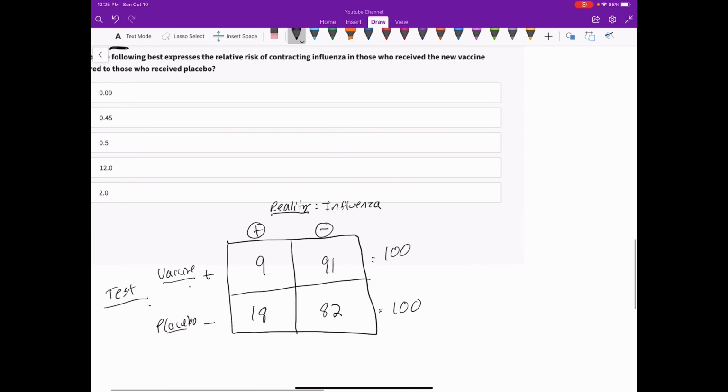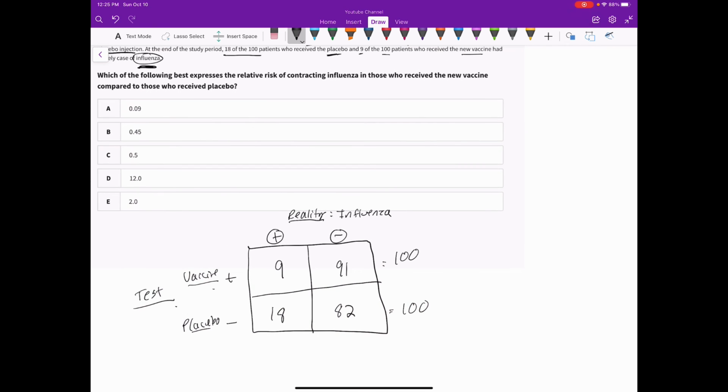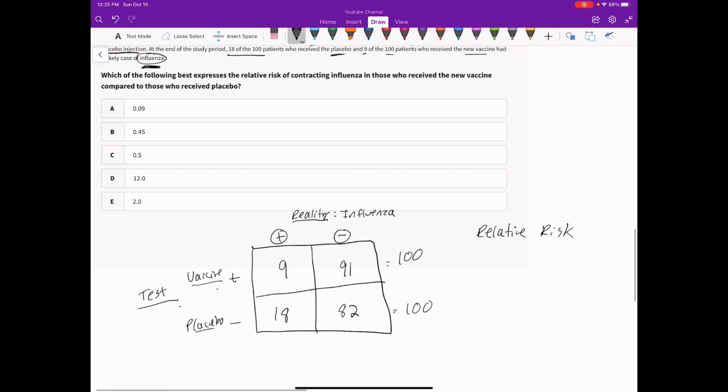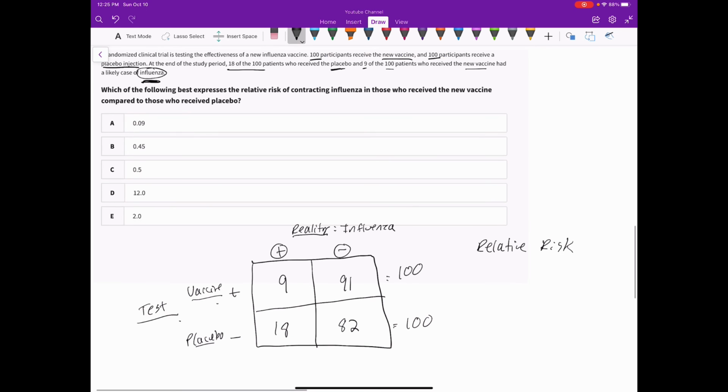Okay, so now we have our box made, right? Well, they asked us for the relative risk. So what is relative risk? How do we know it's a relative risk? Because they're testing between future and not future. They're testing in the future what happened.